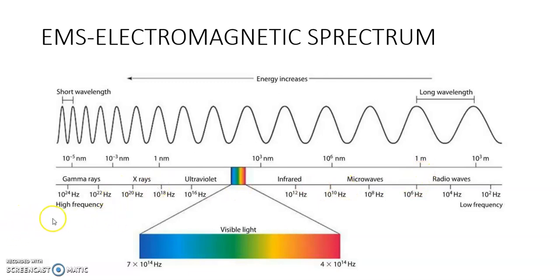Now, in this electromagnetic spectrum, the portion that is actually used for remote sensing will be visible light, that is 7 into 10 raised to 14 hertz to 4 into 10 raised to 14 hertz. Most of the time we'll actually be talking about the wavelengths, not frequencies. So basically it will go from 0.4 to 0.7 microns, the visible band.